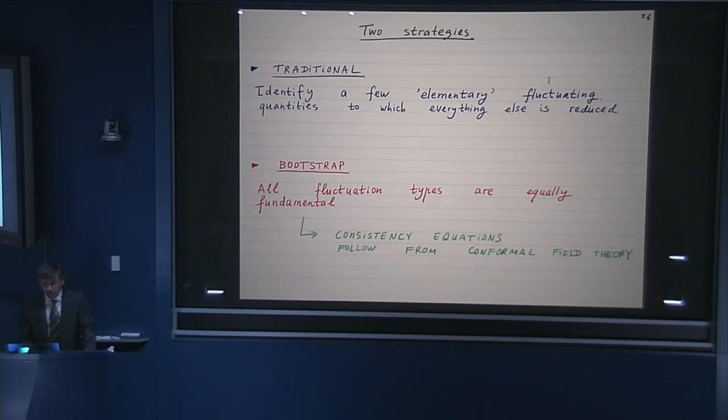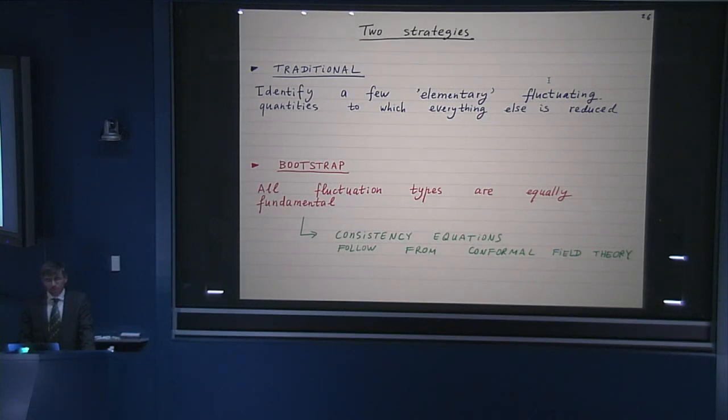And so we have two strategies to compute these numbers. Actually, before even the Bootstrap strategy, there was a more traditional strategy that was trying to look at all of these different fluctuation types and identify some of them as fundamental and others somehow reduced to the fundamental ones. And this strategy works to some extent, but then it kind of ran out of steam a little bit.